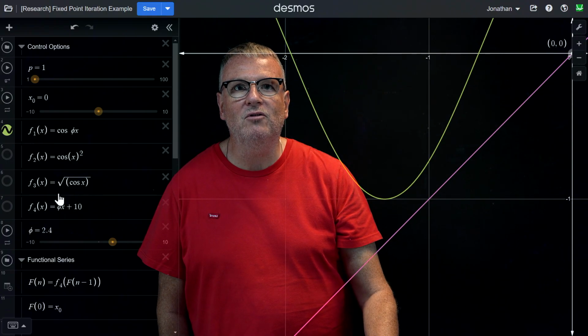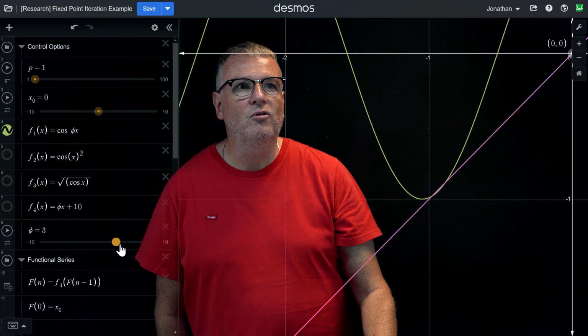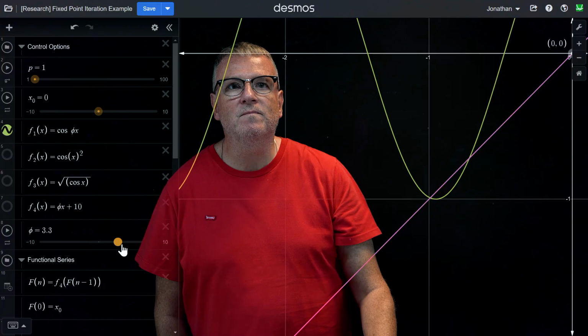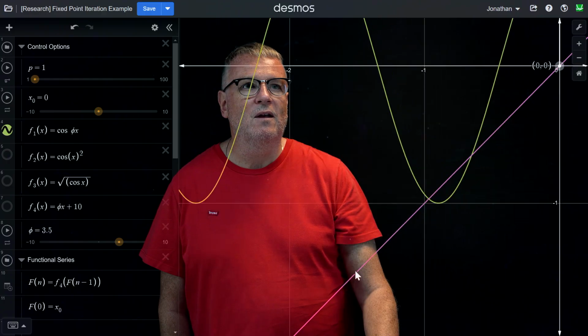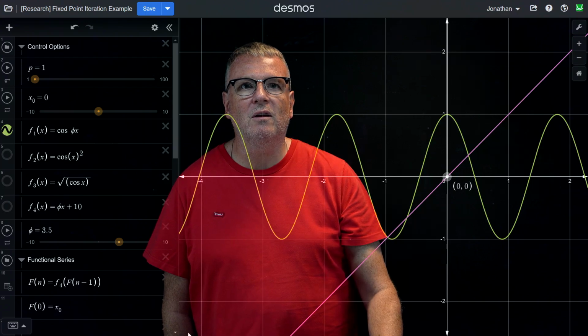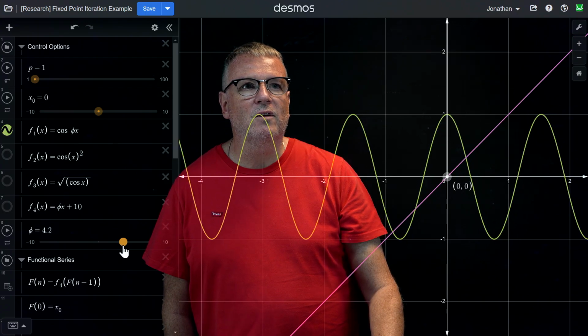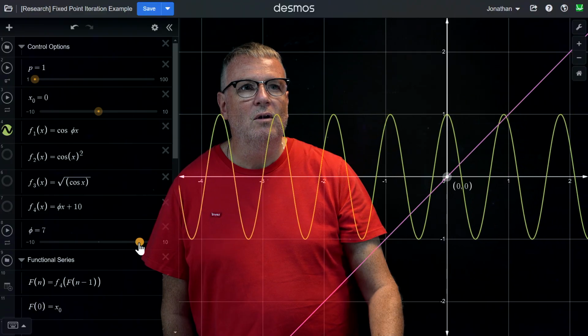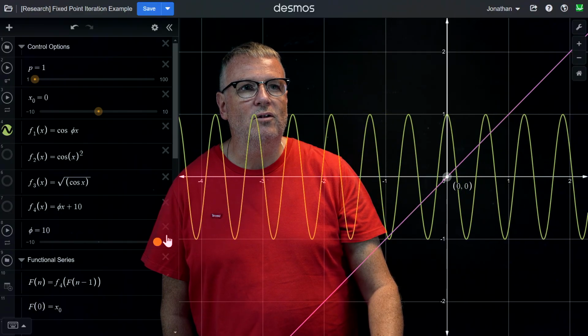And as I bunch this thing in even more, it actually gets to the point where it crosses over. So what we've got here, there's a solution here, there's a solution here, and there's a solution here. 3 solutions. If I continue, you can see that I can bring in other solutions.